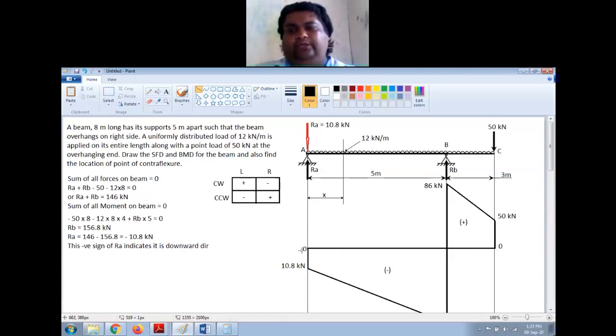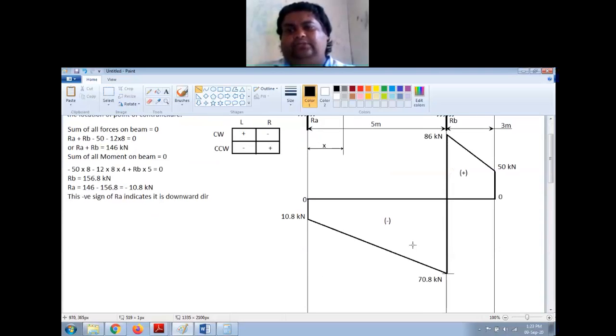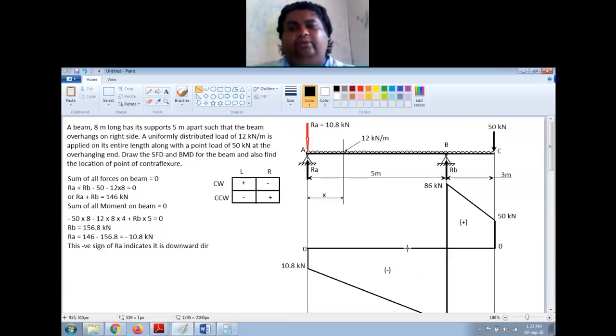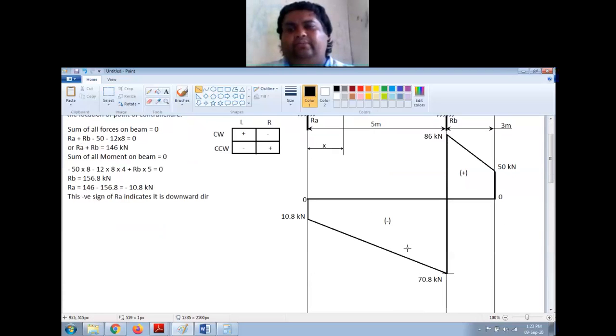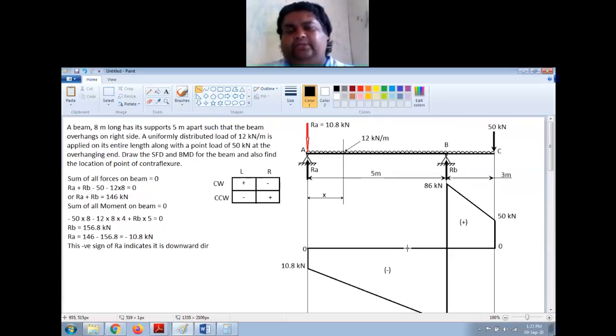Now the main points we have is A, B and C. Now since the shear force is changing direction only at the support, it is not changing direction anywhere else. Suddenly it is not changing from positive to negative, right? So we may not have the maximum bending moment condition for this particular case, right?